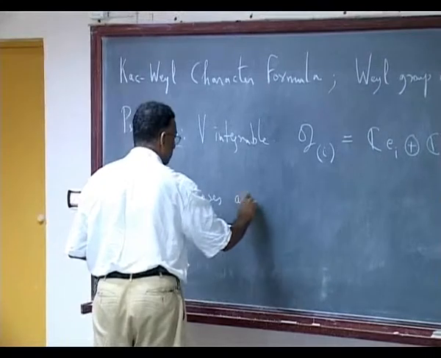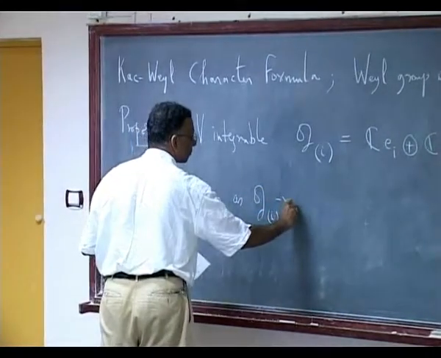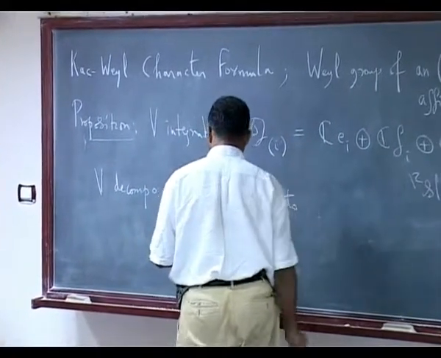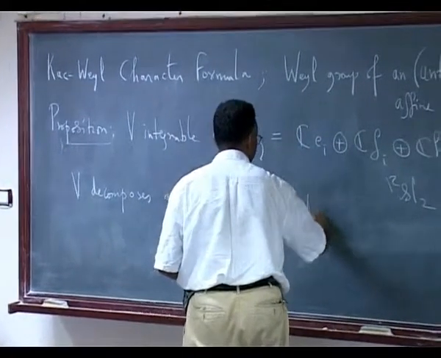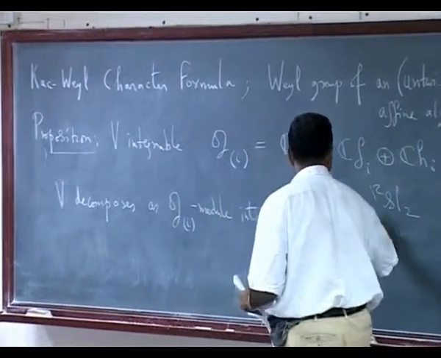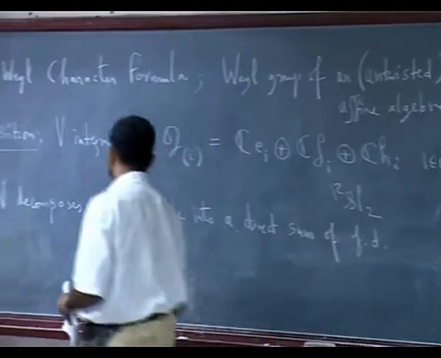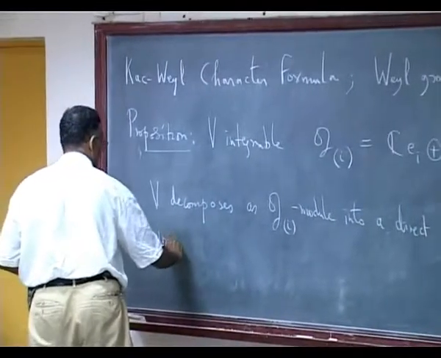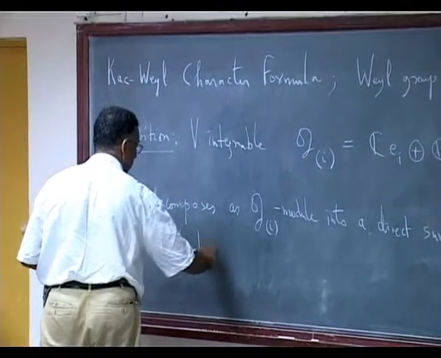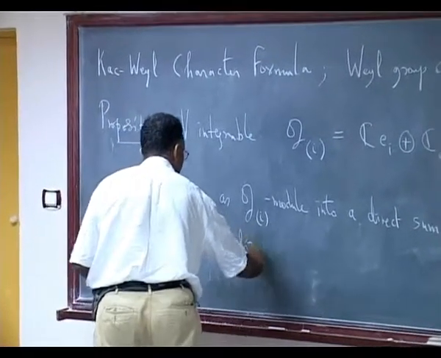V decomposes as GI module into a direct sum, possibly infinitely many, of finite dimensional, irreducible, H diagonalizable submodules.